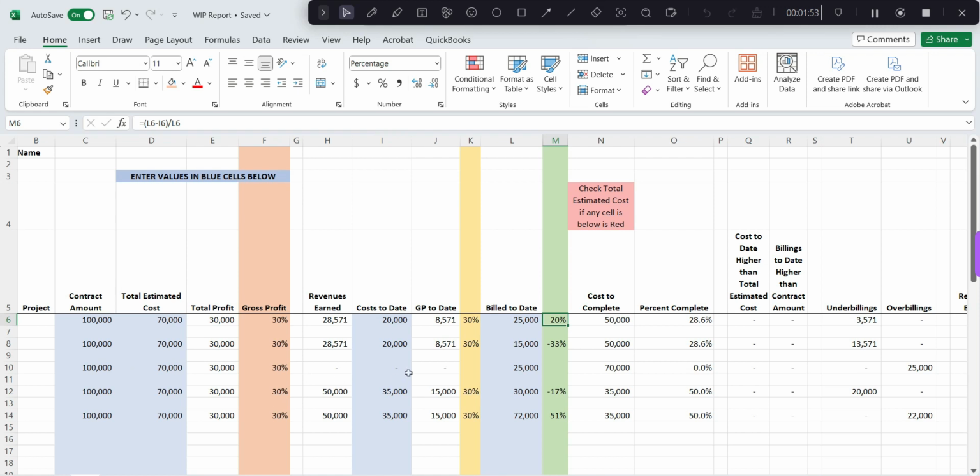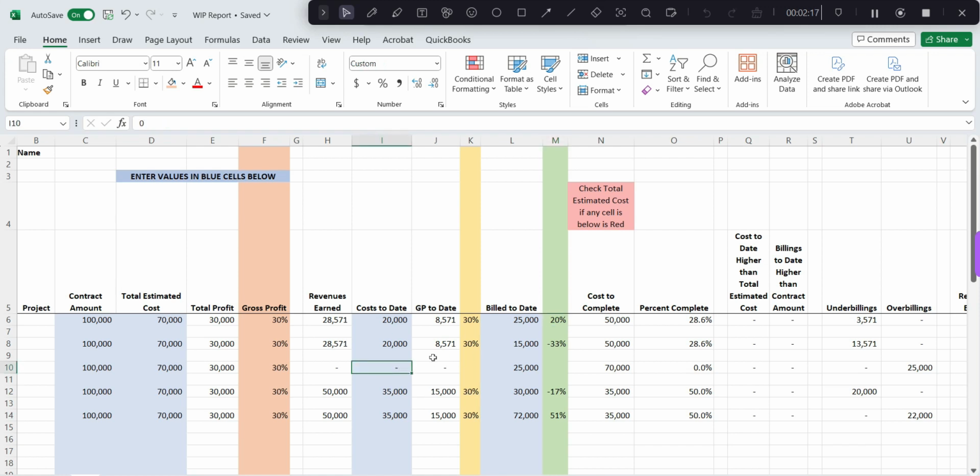Same contract information except zero cost to date, but billings of $25,000. I know it's an unlikely scenario, but to demonstrate this point, no costs incurred, but you still billed an amount. Now, you recognize revenue based off of costs incurred as a percentage of total estimated cost.